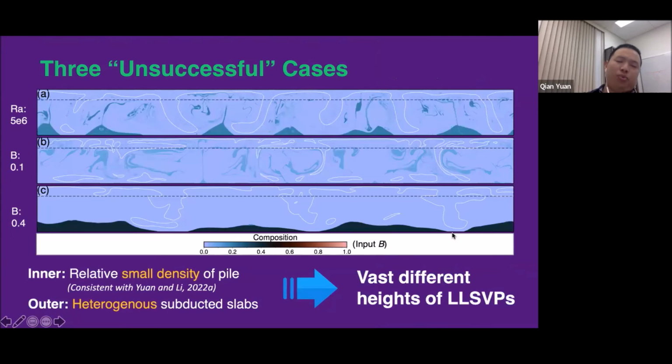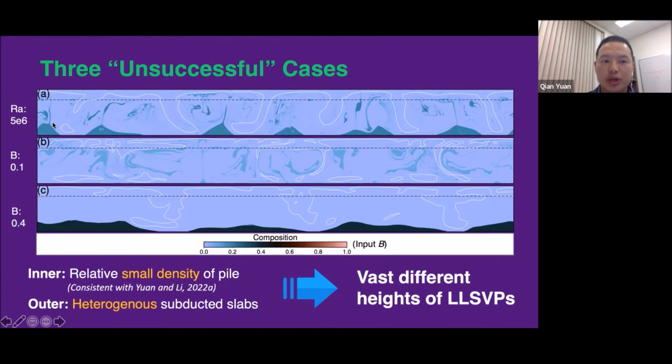So also we have 3 unsuccessful models. Here I only show the compositional field. The white contour shows the subducted downwellings. So in this model, the Rayleigh number is smaller than the previous reference model.